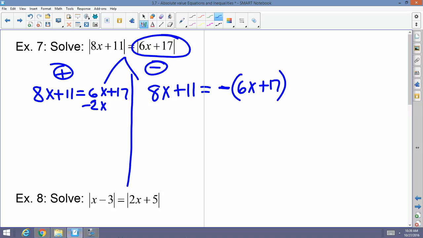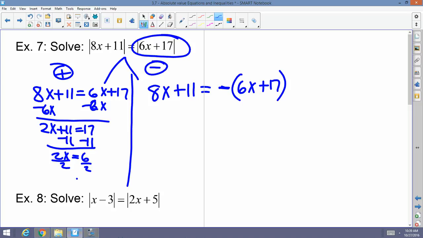6x, 6x. So I've got 2x plus 11 equals 17. Subtract 11 from both sides. 2x equals 6. Divide by 2. x equals 3. And then here I've got 8x plus 11, and exactly like my boy said, this is negative 6x minus 17.